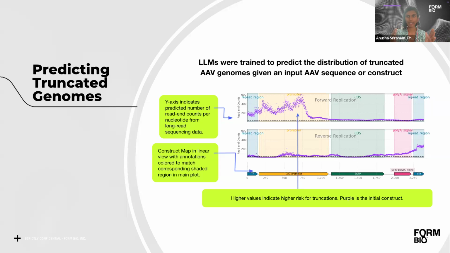So this is actually indicating at which region of the construct we can expect to see a lot of truncation read end counts. So in this case, our model is predicting that the promoter is a region where we expect to see a lot of read end counts, indicating that this is a very problematic region. And you can see that when you look at the forward replication sequence of this particular construct.